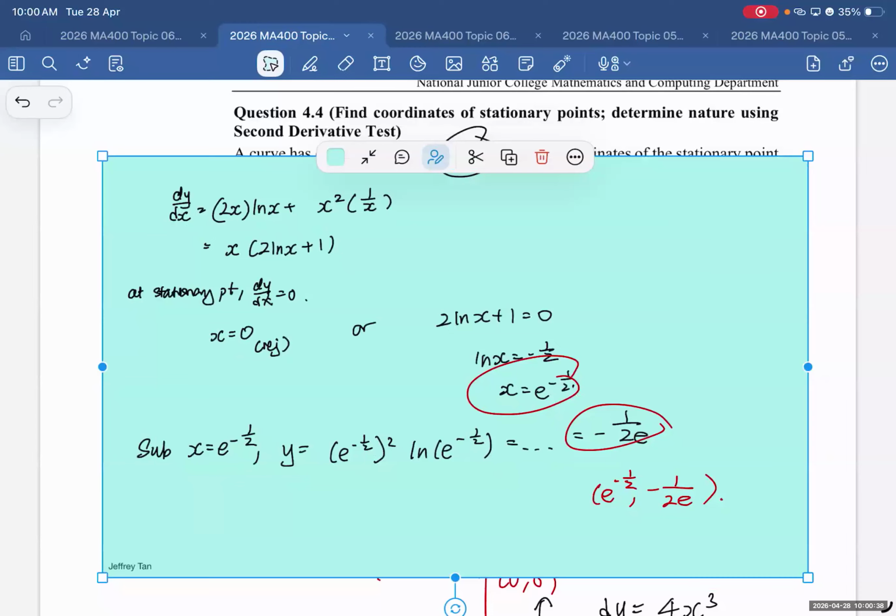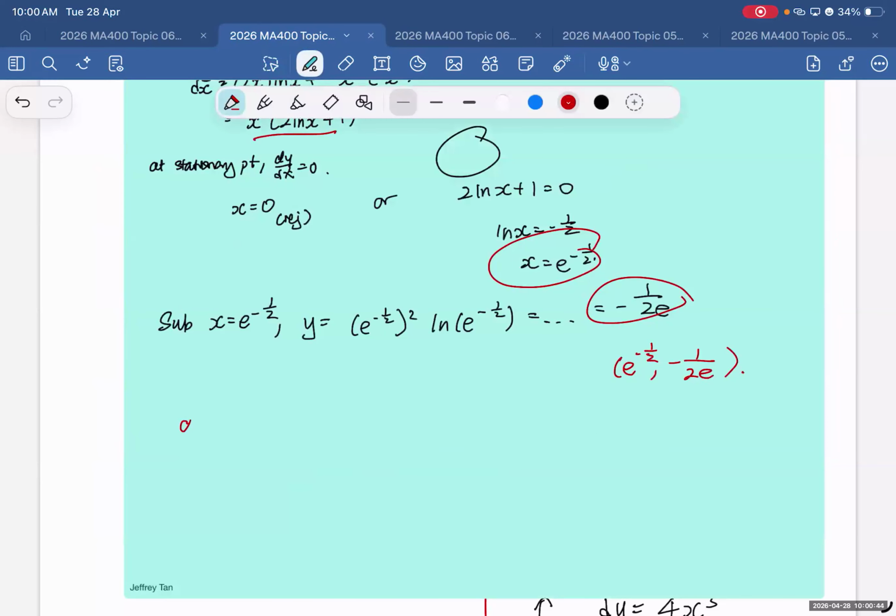So go and differentiate a second time. What's the second derivative? One more time. 2 ln x plus 1 times 1 plus 2 over x plus 1. You don't need to simplify it already.